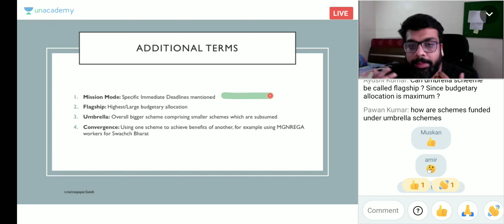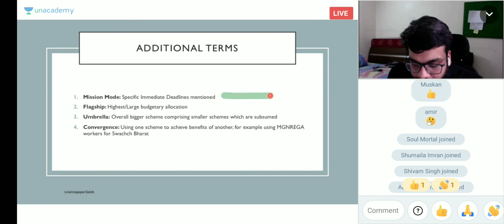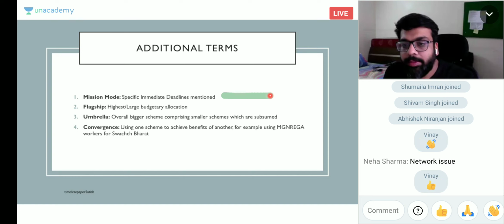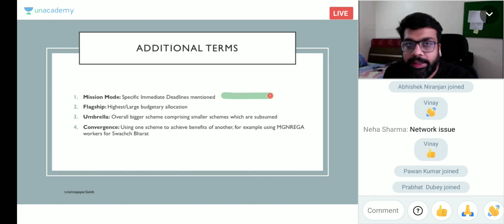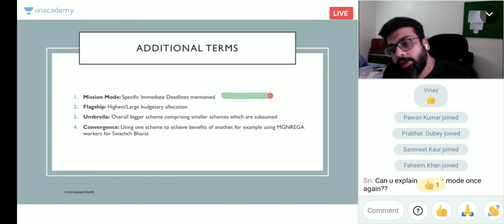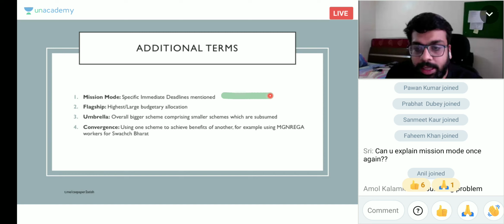Now, we have a manpower generation scheme, we have an employment scheme called MGNREGA. So, you can hire workers under MGNREGA, guarantee them X number of days of work, and after guaranteeing them X number of days of work, you can make sure that the workers under MGNREGA are now constructing toilets for Swachh Bharat, right? So this is how it works.